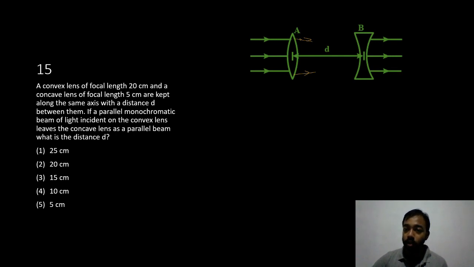That means if you consider that two foci are there for this concave lens, let's say one focus is here and the other focus is somewhere here.